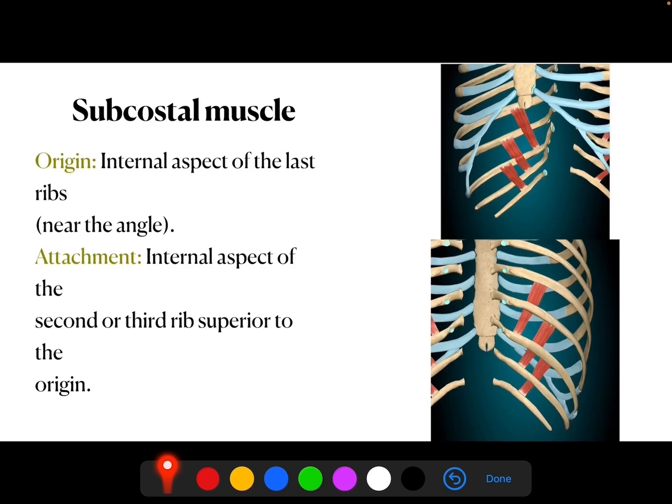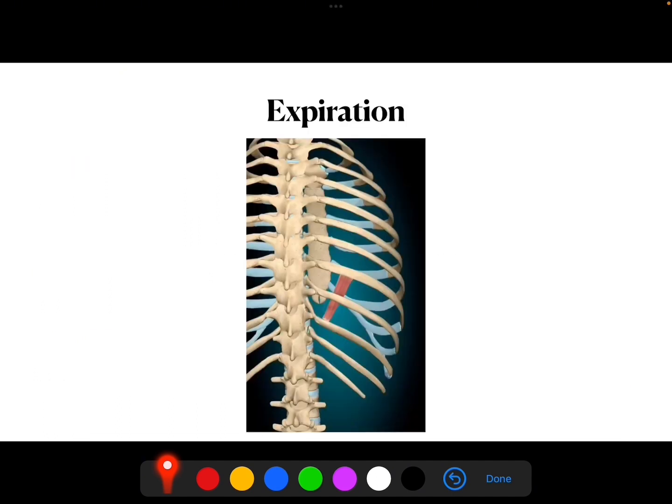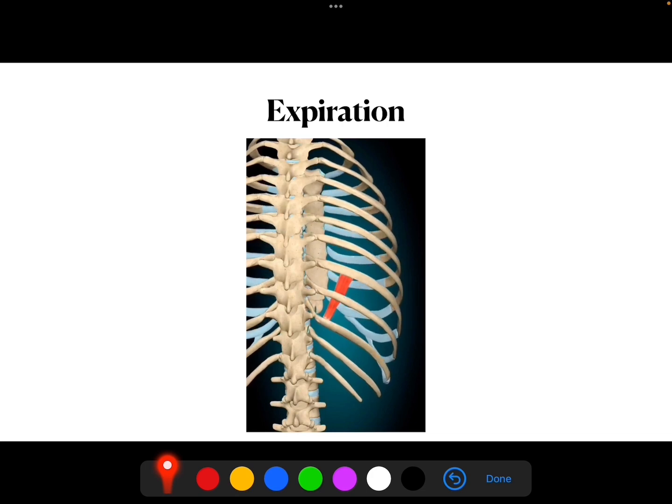Subcostal muscle. It originates at the internal aspect of the last ribs near the angle and attaches at the internal aspect of the second or third rib superior to the origin. Actions performed by this muscle are expiration.